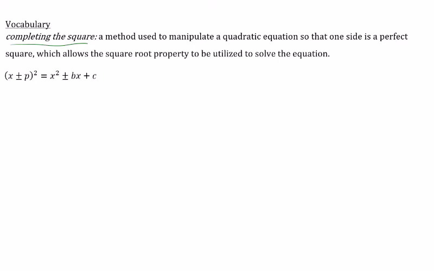So if I square x plus p, that means I'm going to multiply it by itself, right? And so if I FOIL this, I'm going to get x times x, x squared, x times p, which is xp or px, right?